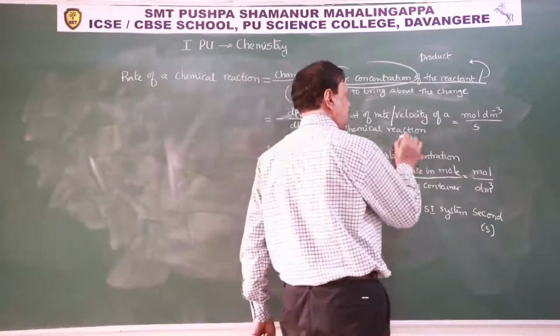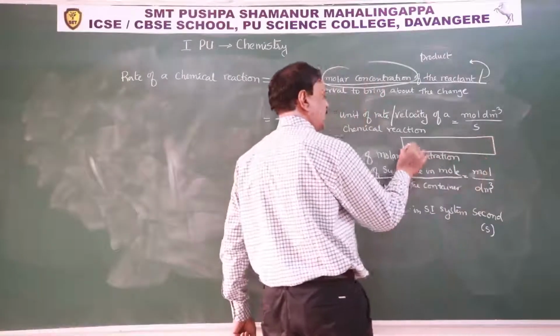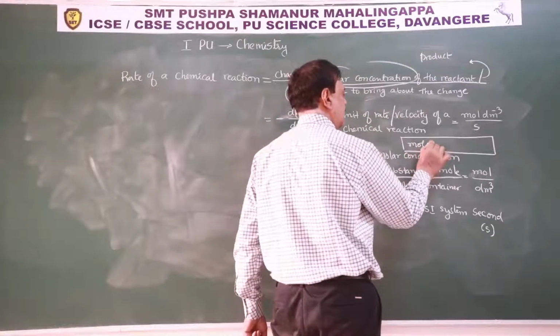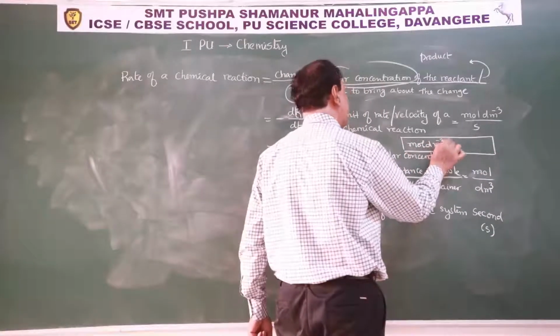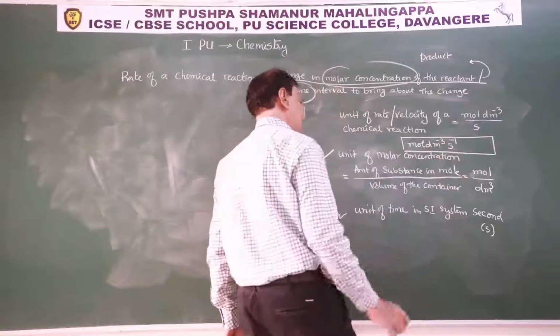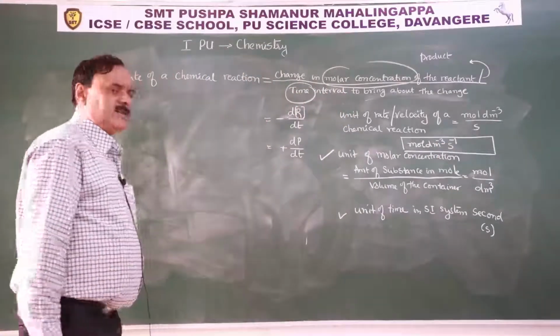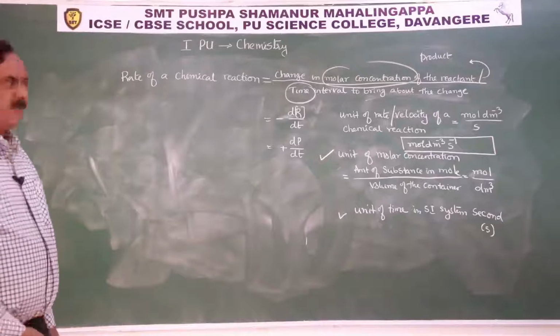This is usually expressed in terms of moles per cubic decimeter per second. It is the unit of velocity or rate of the chemical reaction.